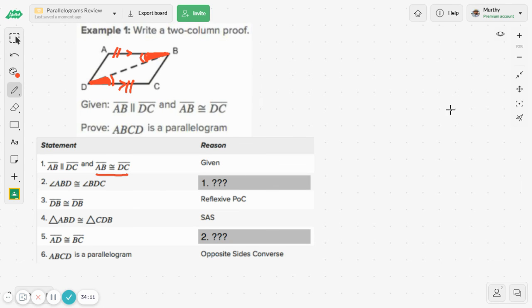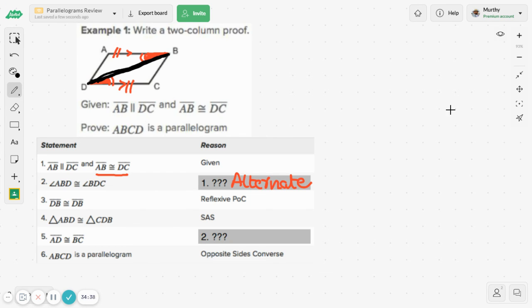We call them alternate angles. Okay. And next, DB congruent to DB by reflexive property.